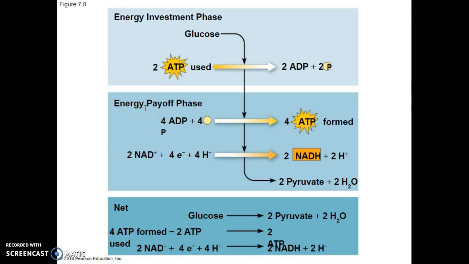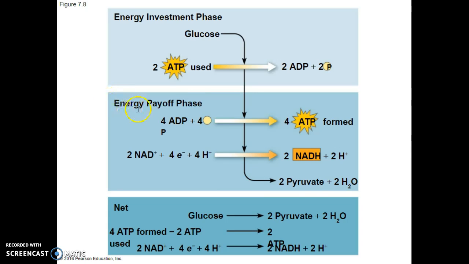In the energy payoff phase, each 3-carbon sugar is converted into pyruvate, and while this reaction takes place, two ATPs and one NADH are made. Because it happens twice, we end up with 4 ATPs and 2 NADHs. For each reaction, it takes 2 ATPs and 1 NADH, and 2 times 2, you end up with 4 ATPs, and 1 times 2, you end up with 2 NADH.